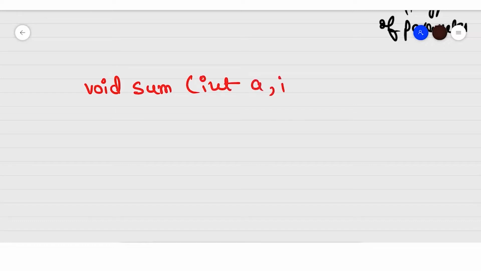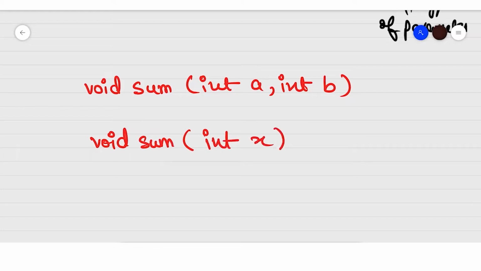Let me create a function, let's say void sum, and in this I have two inputs, a and b. Similarly, I have void sum, and here I have only one parameterized input, x. So when a class has two functions with the same name, how do we distinguish between them?